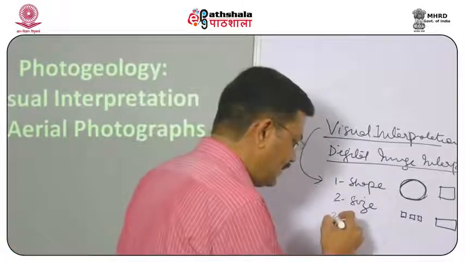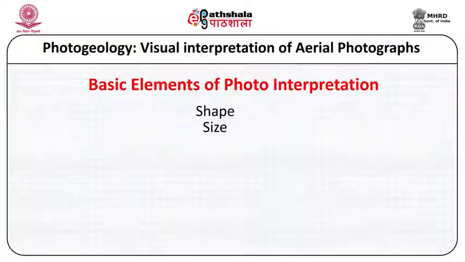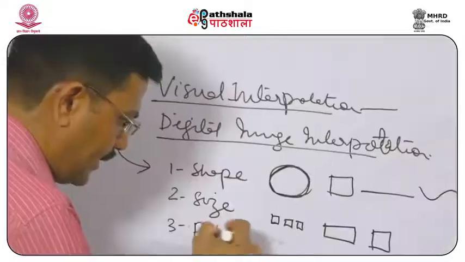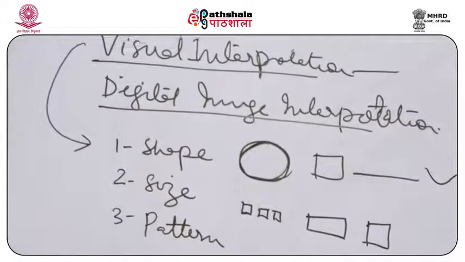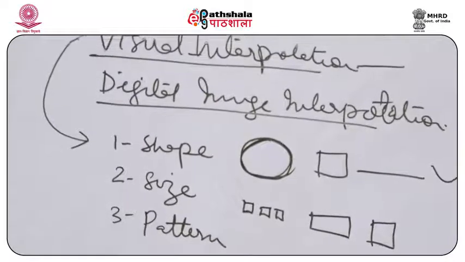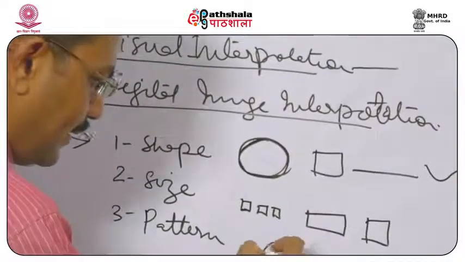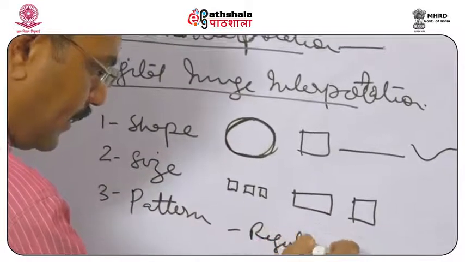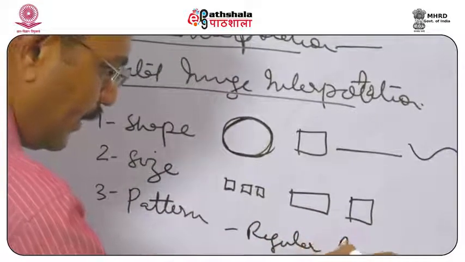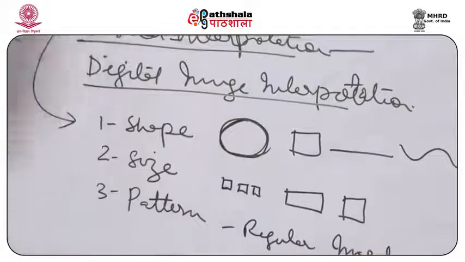The third is pattern. All these I will show you in different diagrams which are there in the module. What pattern is there? Whether it is regular or irregular. Okay.